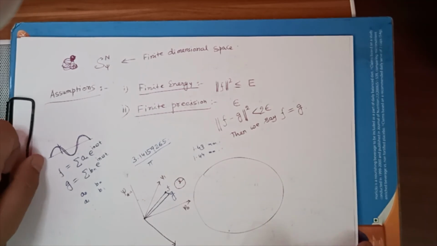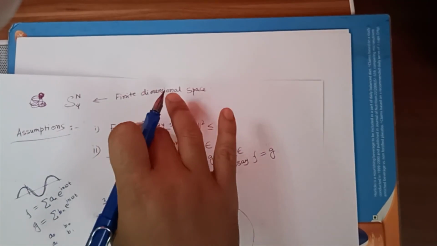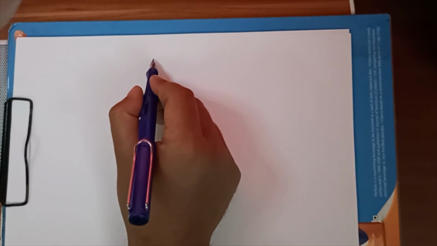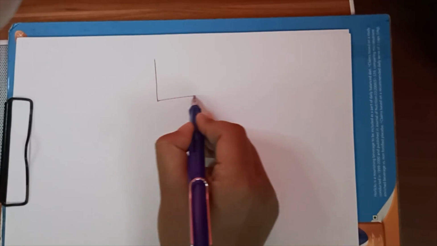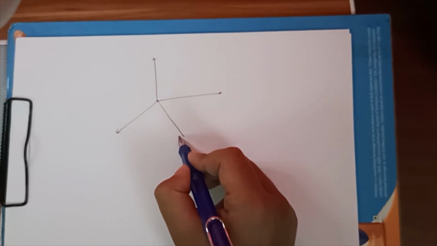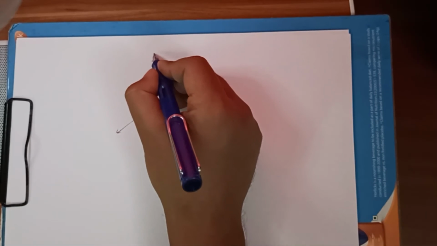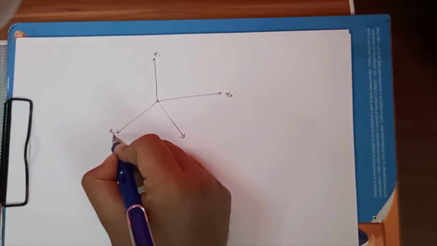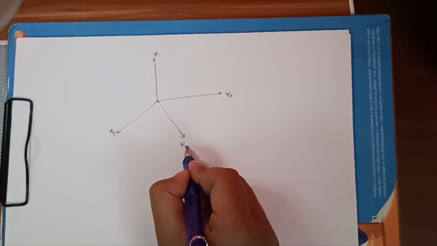Okay. Now we come to the final cool concept of epsilon entropy. So under these two assumptions, finite energy and finite precision, in a finite dimensional space, so this is our finite dimensional space, psi 0, psi 1, psi 2, up to psi n minus 1.